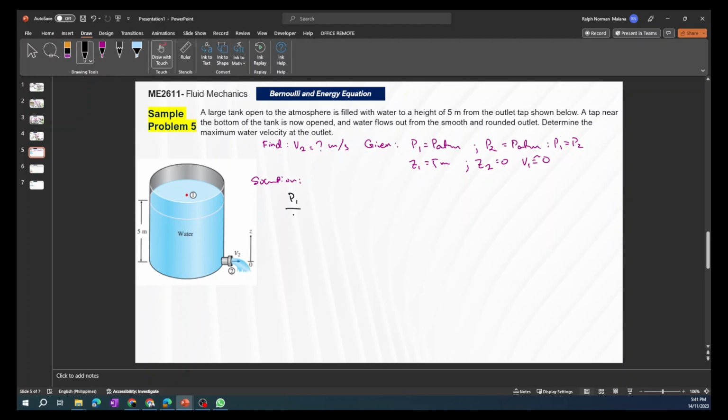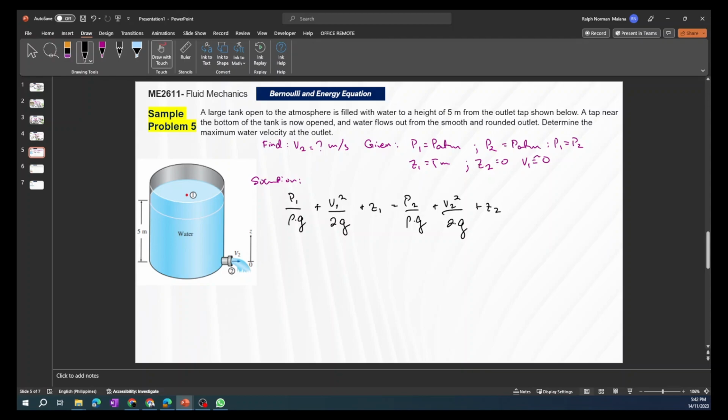So that's P1 over the product of density and acceleration due to gravity. And again, density here would be water, but that's okay. And then our velocity head is V1 squared over 2g plus Z1 equals P2 over rho g plus V2 squared over 2g plus Z2.